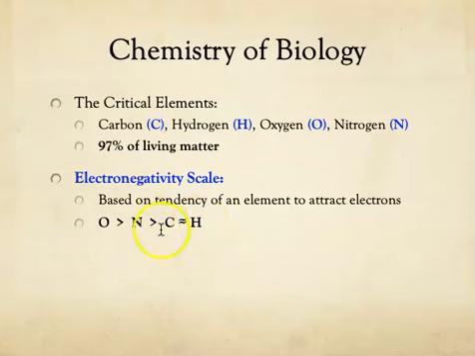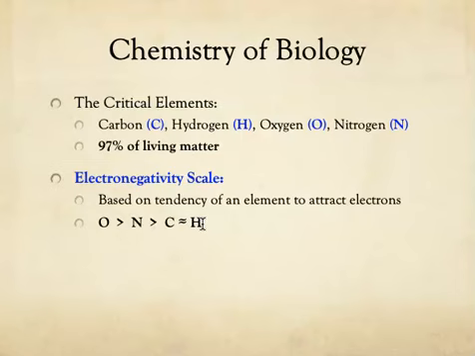Now, carbon and hydrogen are slightly different in their electronegativities, but for our purposes, we're going to consider those 2 elements as having the same electronegativity. So carbon and hydrogen both have the same low electronegativity.